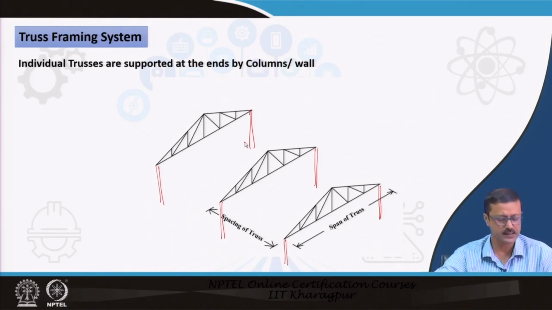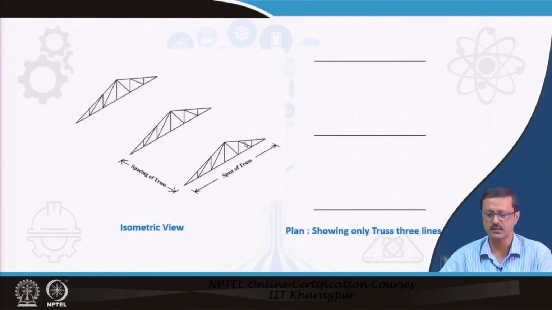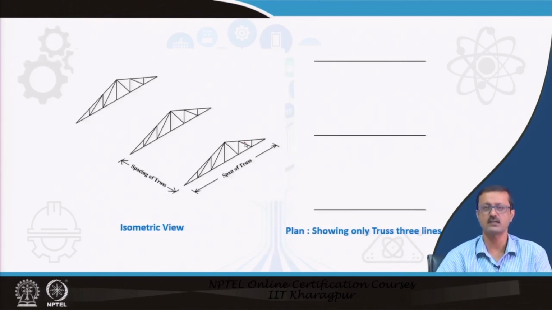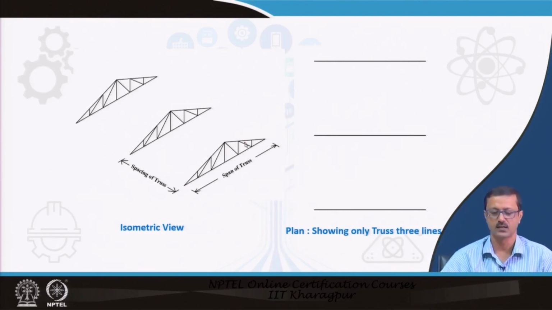If I see this truss in an isometric view, in the plan I can see it as 3 lines only, with a separated distance between them, which is the spacing.